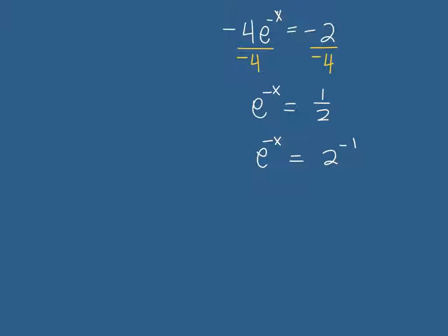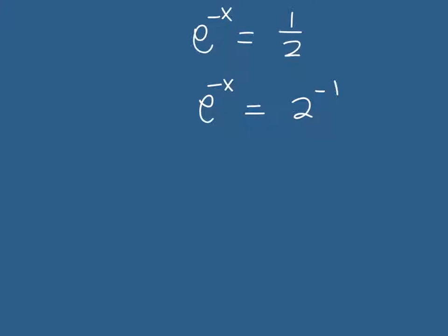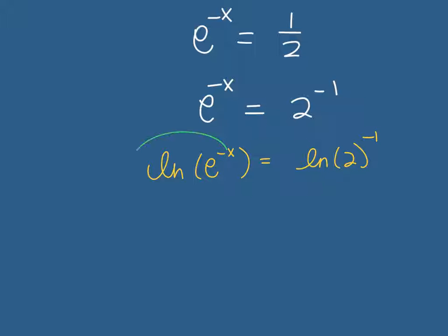And remember, our goal is to try and get x by itself. So we have to think of something to get rid of on the side where x is. Yeah, good. We want to add the ln. The next thing we want to get rid of is the e. So we'll add an ln around the side where the x is, which means we have to do it on the other side also. And then we pull the powers to the front.